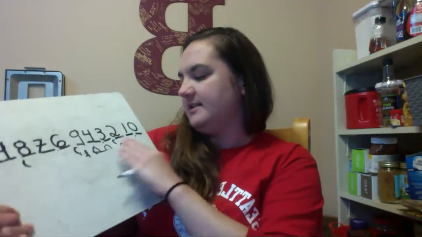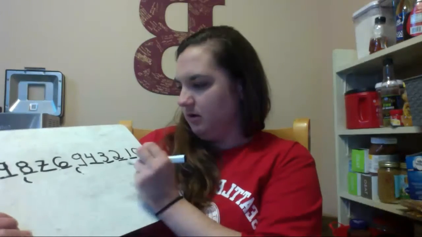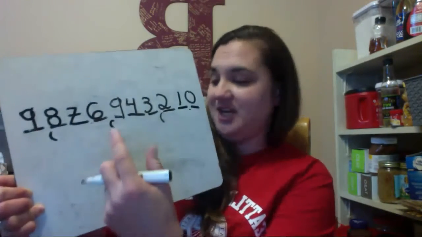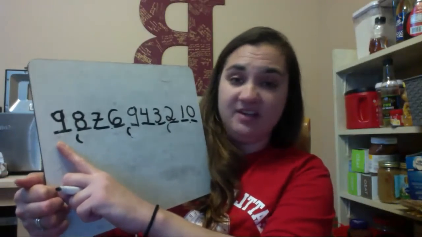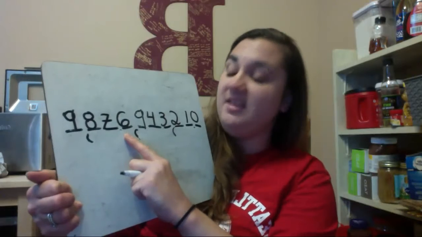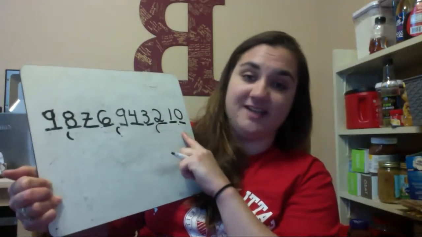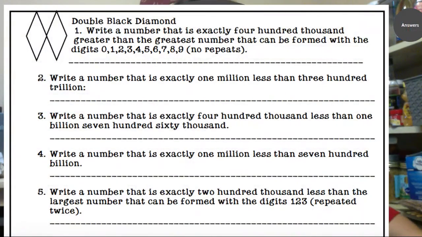Key thing here is lining it up at the decimal, like so. So this is my actual answer. Let's count it out together. So thousands, millions, billions, 9,876,943,210. Pretty cool, huh?